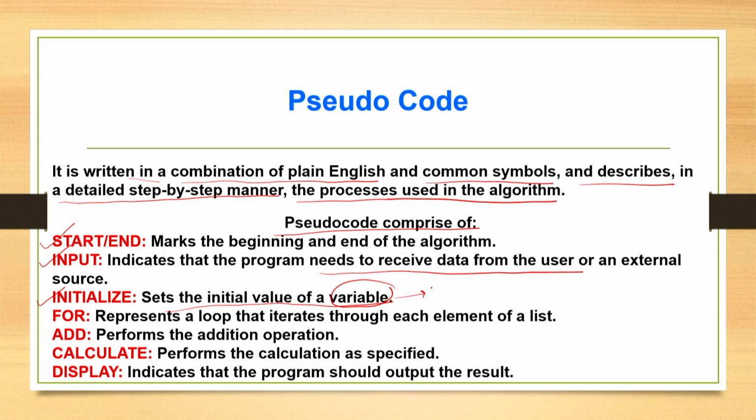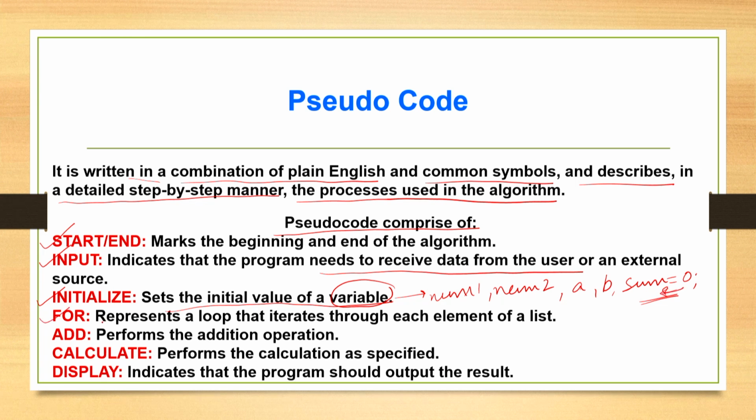In the previous example of algorithm, I used num1, num2, A, B, sum; these are called the variables. So, initialization means what? Say if sum is equals to 0, initially its value is 0, it means 0 is assigned to sum.